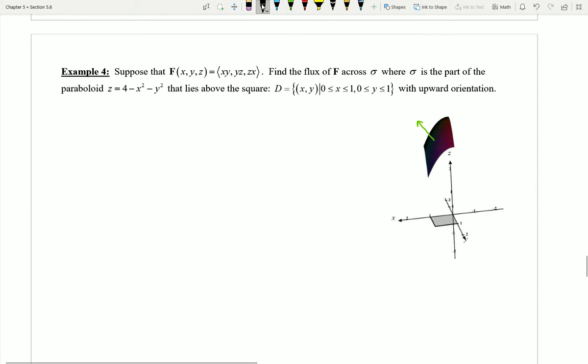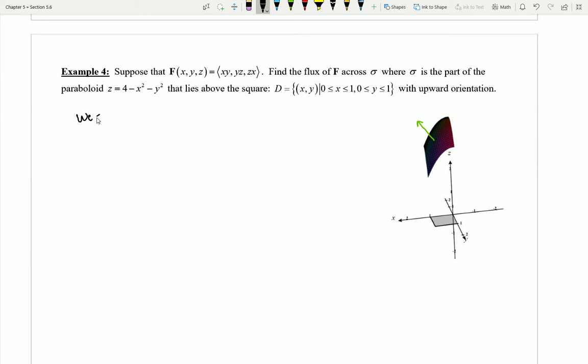Okay, well, in example number 2, we found a parameterization of our surface and dealt with the problem that way and arrived at an answer. But here, we want to notice that we have a function defining our surface, and that gives us an alternative way of tackling this question.